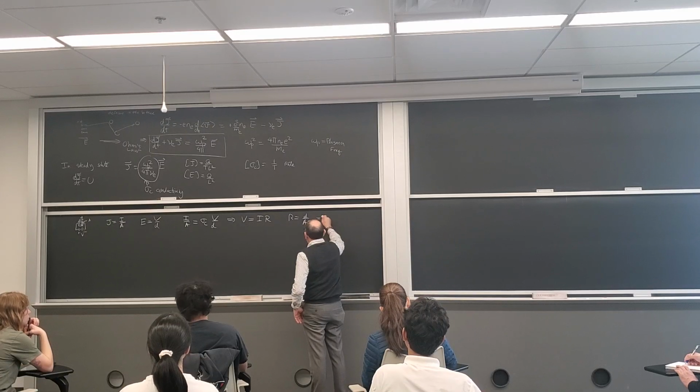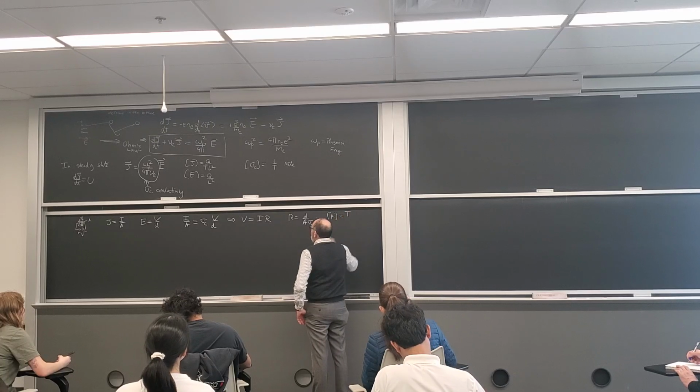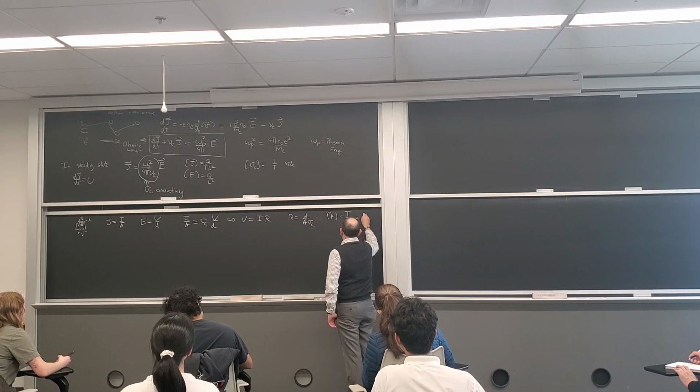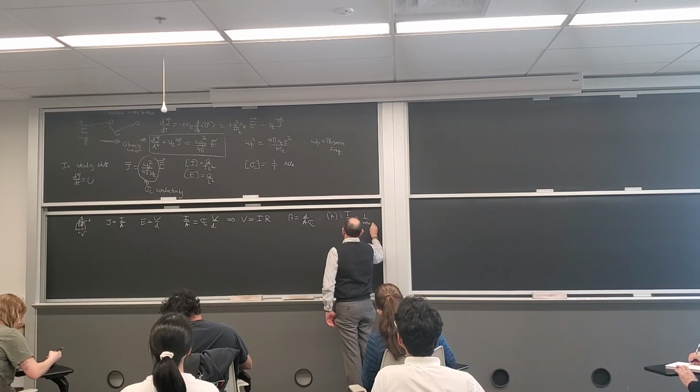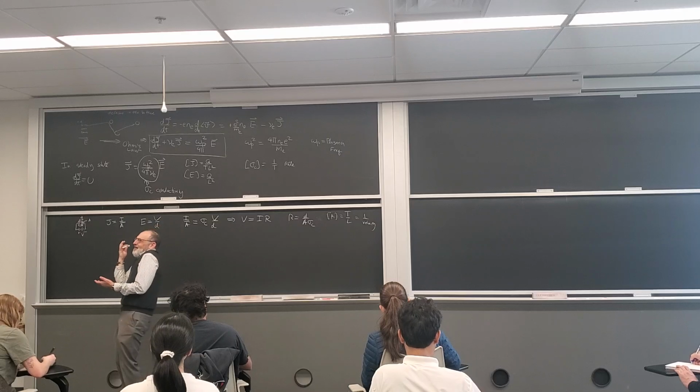So we got 1 over time. So the units of resistance here are 1 over time. And then we got length over length, which is equal to 1 over a velocity. That's kind of interesting.